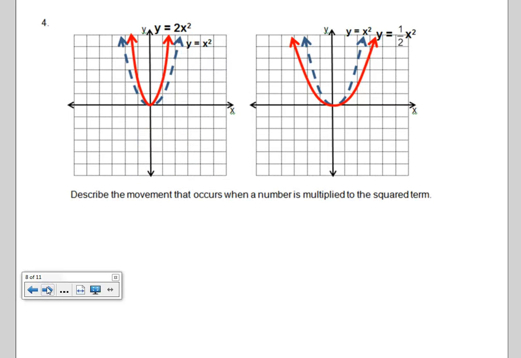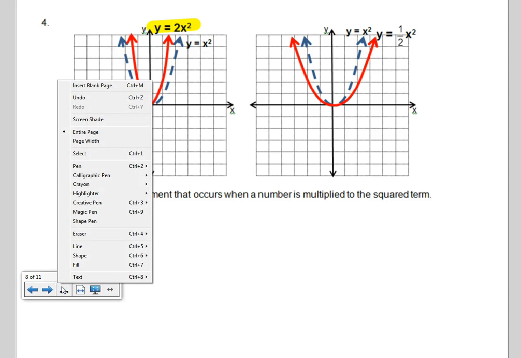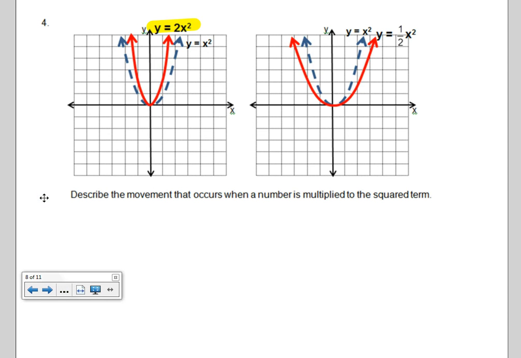Number 4, this one's always the harder one to see. The first graph on the left, you have y equals 2x squared, so there's a 2 factor in front of the squared term. And on the second graph, you have y equals 1/2 x squared, so there is a half factor in front of the x squared. And notice how it compares to the parent graph.